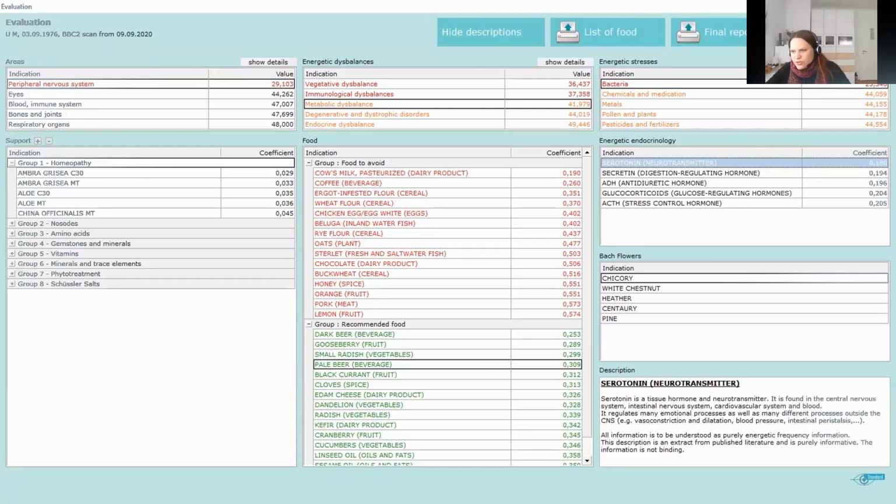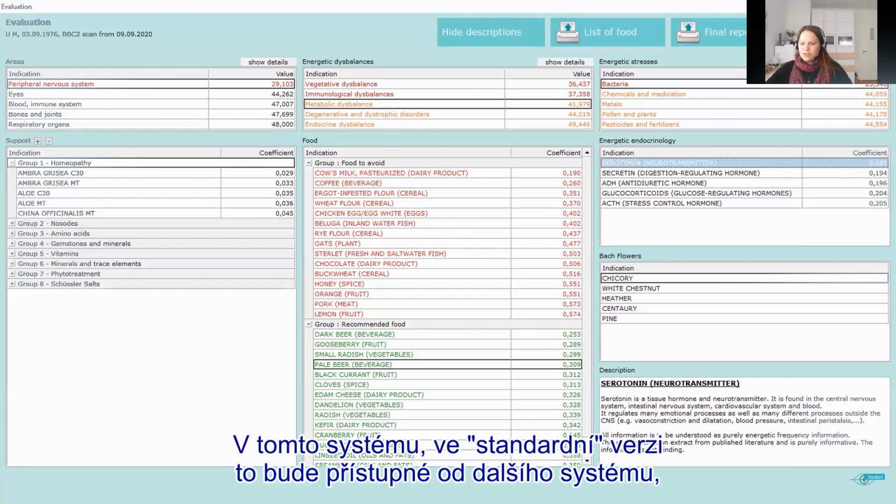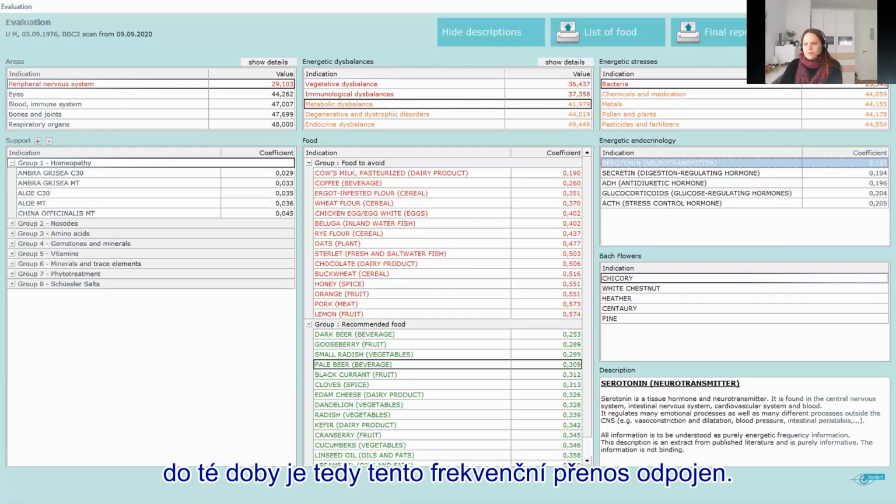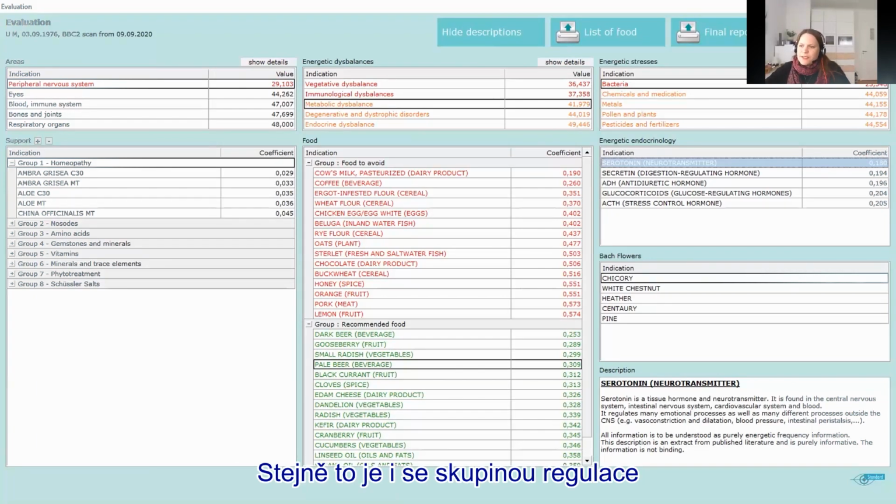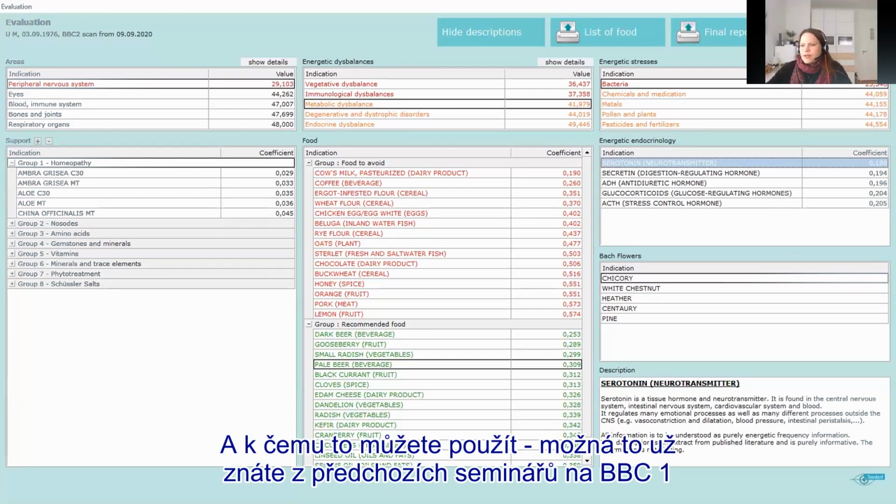Should I give it, or should I use it with AI? This is what the hormones can't give us as information in this system, in this standard. This will be possible in the next system. Until then it is disconnected from the frequency transfer. So it's about the regulation loop, and what you can use it for.